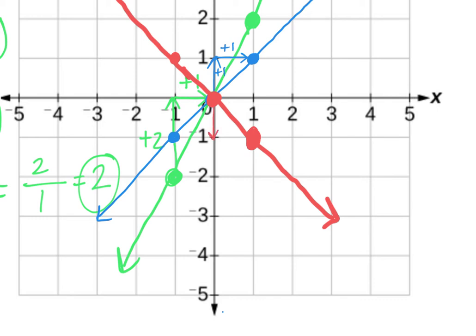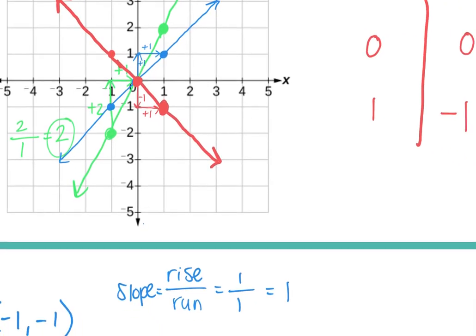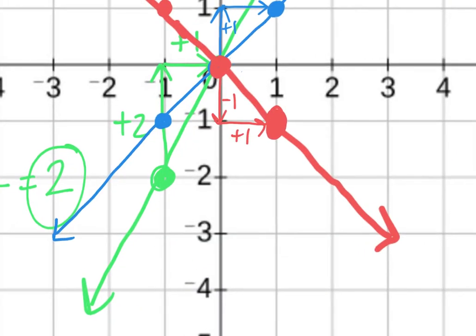Down 1, good, and to the right. If we move down 1, what number should I put next to that vertical line? -1. And then if we move to the right, +1. Do you guys see that? So we moved down 1 and then to the right 1.